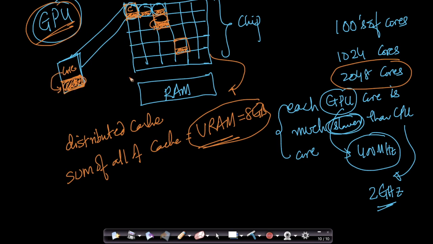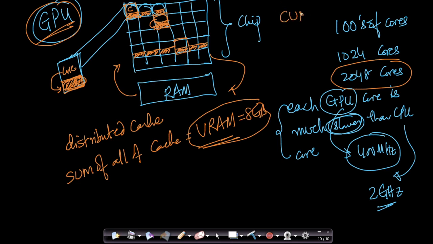The way it operates is, whatever data the GPU wants to operate on, it will first get it from RAM, distribute the data across all of the cores in the best or optimal way, and you can mention in the code how to distribute this data. If you write low-level GPU code, there's something called CUDA.